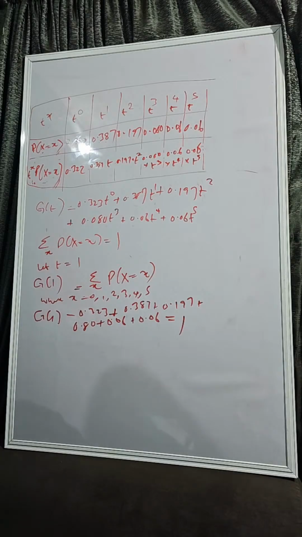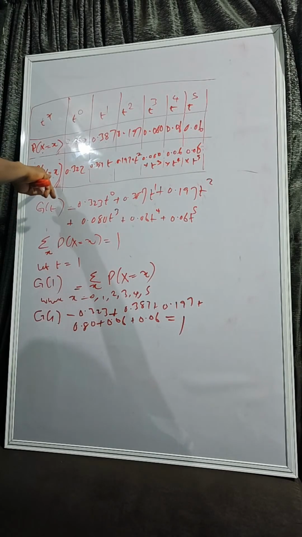So maybe I'll go through that one more time before I clean the board. After we created that table, we took the ratio of the frequency to the total frequency.